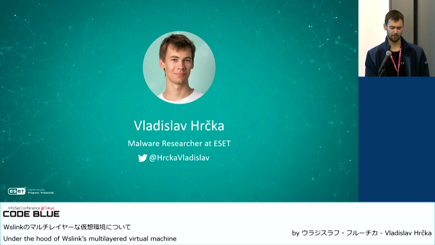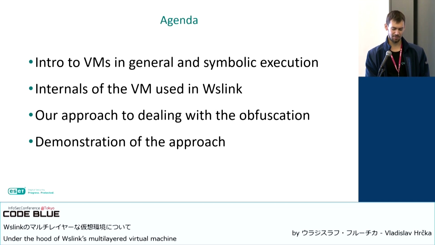So let's start. I'll skip this introduction slide as I already was introduced, and let's take a look at the agenda. We'll begin with an introduction into VMs in general and also symbolic execution, because we use it frequently throughout the deobfuscation.